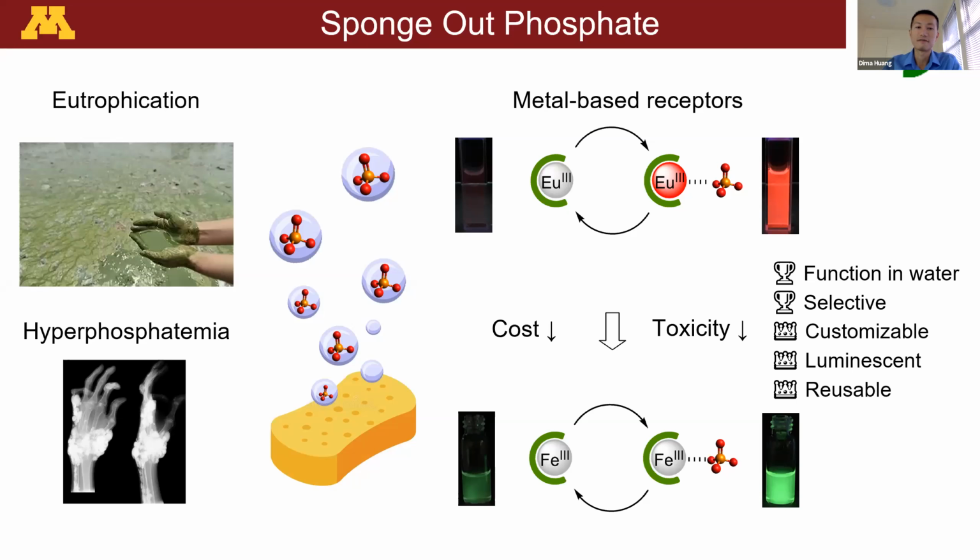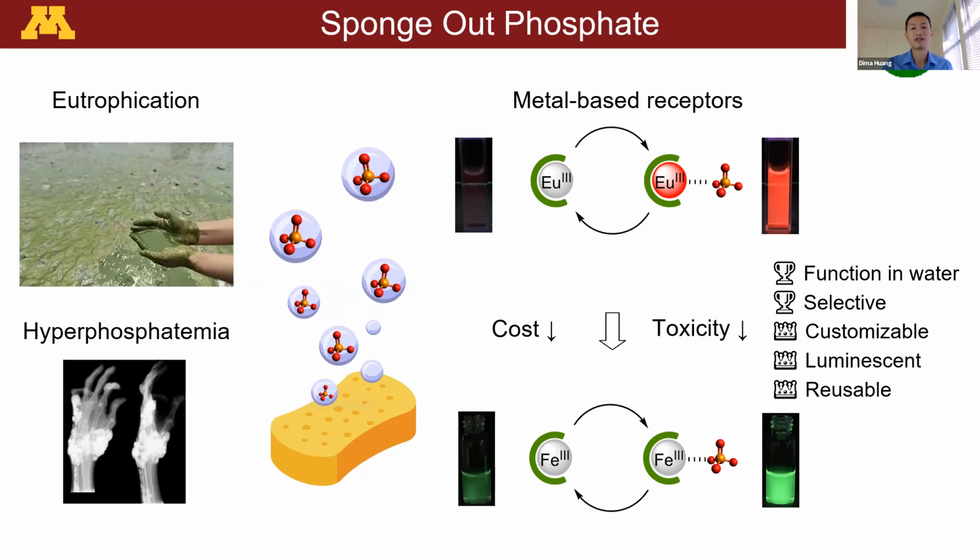Our receptors have met the most important criterion. They function in water and are also selective for phosphate in the presence of interferences. They also feature tunable binding strength that allows us to customize remediation accordingly. By using a rare earth metal, such as europium, when the receptor binds phosphate, it becomes highly luminescent.